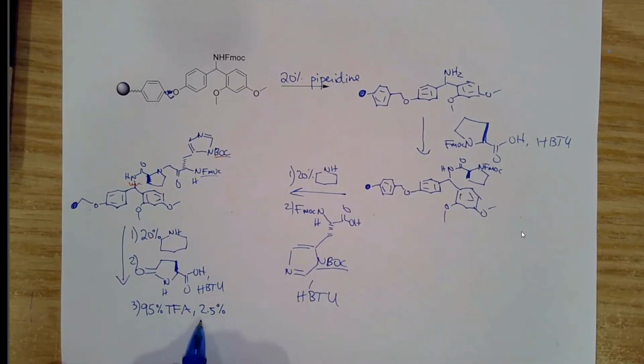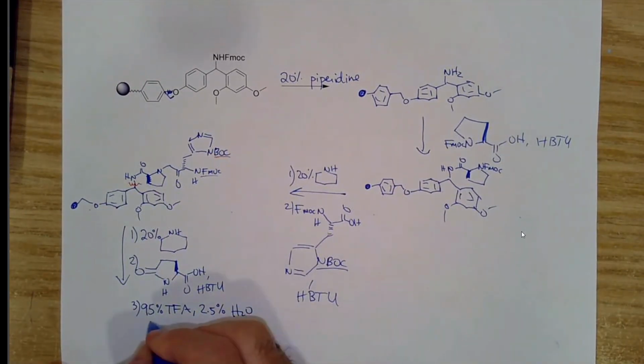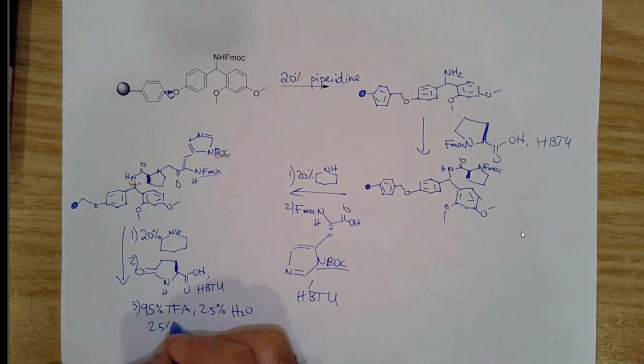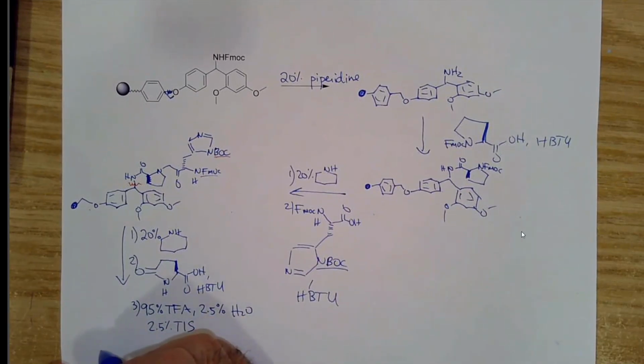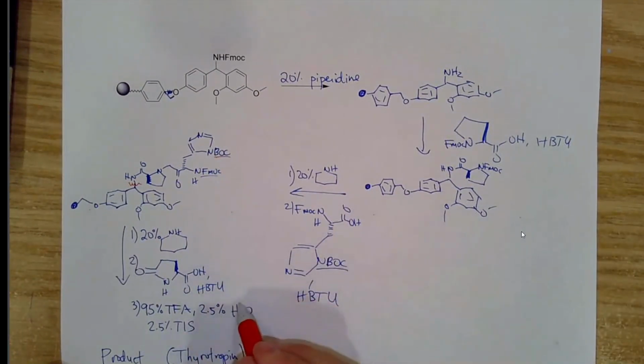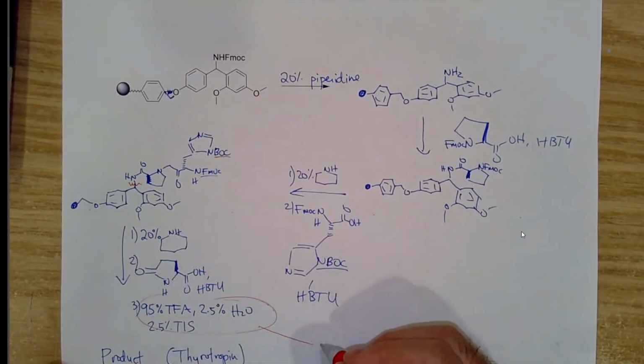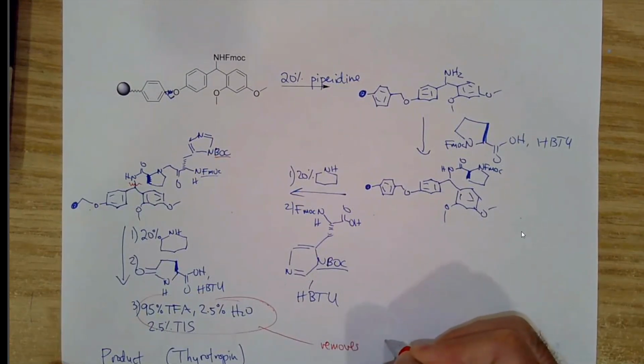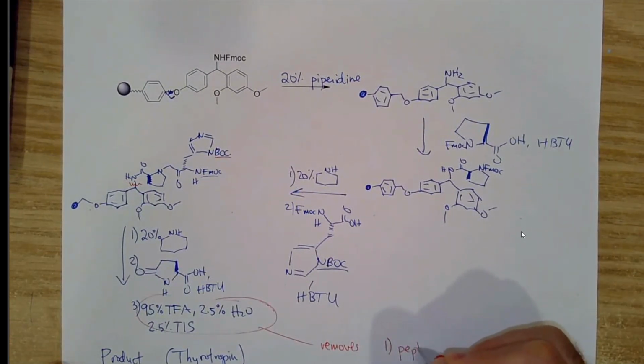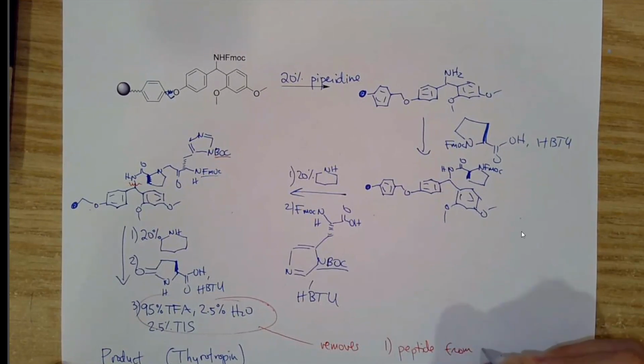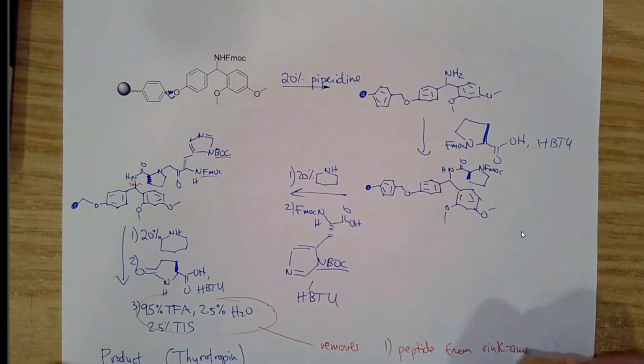And from course spec, you remember that you need 95% TFA, 2.5% water, and 2.5% triisopropylsilane as scavengers to quench that carbocation. And that will give you your product, which is thyrotropin. Okay, so I won't draw that because that's on the previous slide. But just to recall, number 1 removes the peptide from the Rink amide resin.